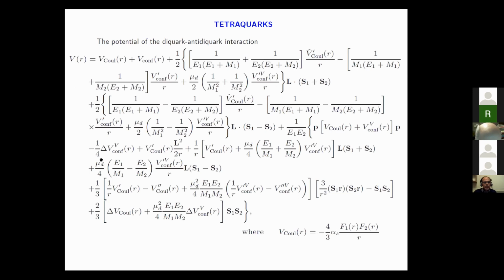On this transparency, I just show the diquark anti-diquark interaction quasipotential. It's rather complicated. It contains spin-independent terms and also spin-orbit contributions. We also have a tensor term and a spin-spin term.